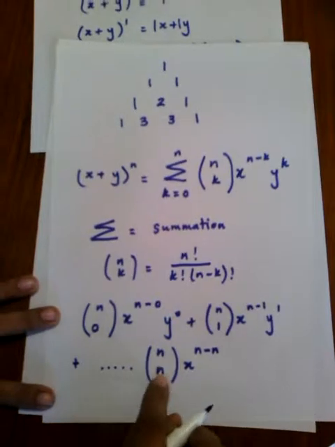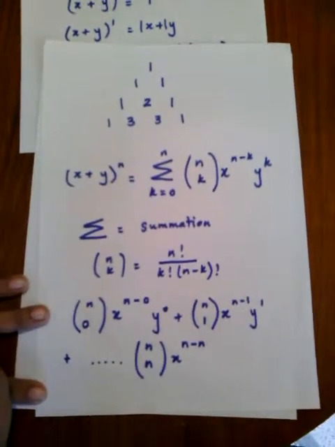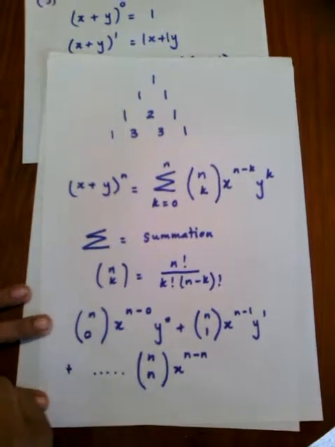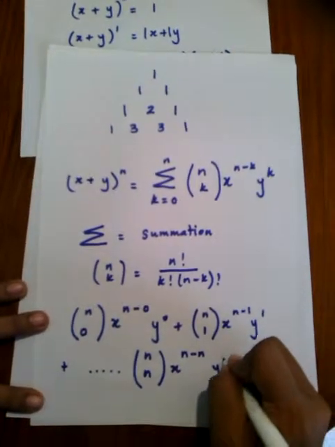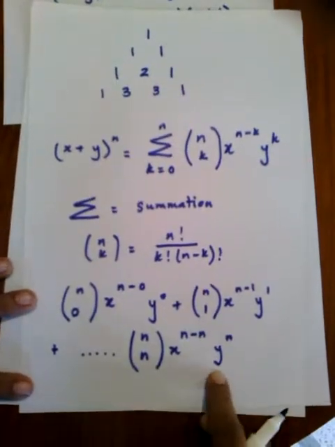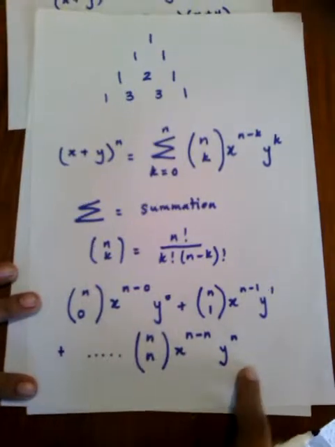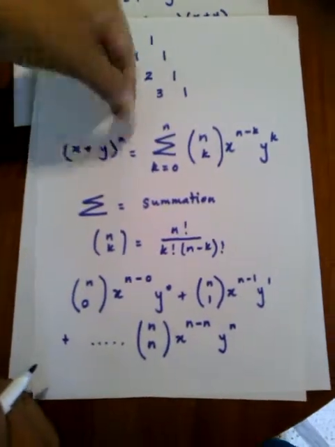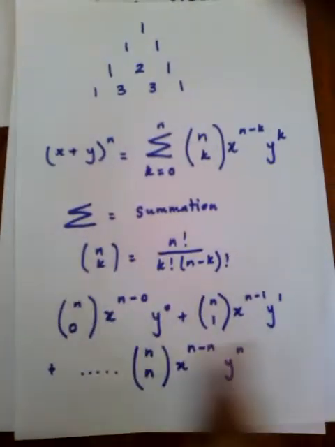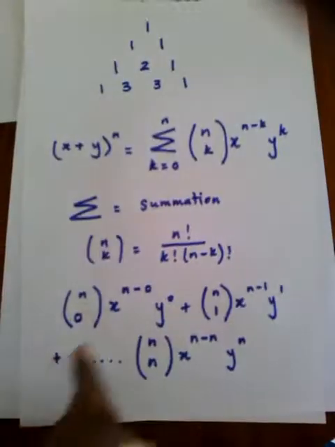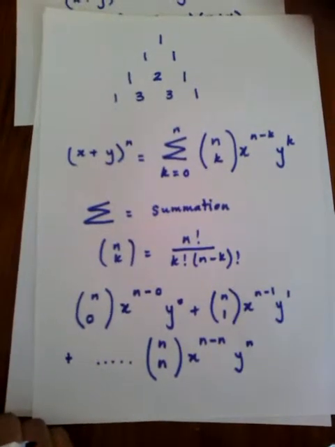Similarly, n choose n, how do you choose n objects from n things? That's one way, so that should be 1 as well. And y to the k becomes n now. So your final term is y to the n. So you just replace n with the number of terms that you want to expand to. And you'll get one extra term always than n in the total number of terms. Okay, that's your binomial expansion.